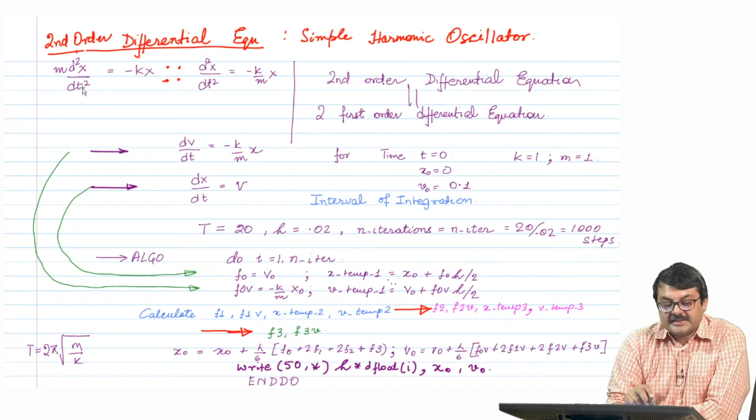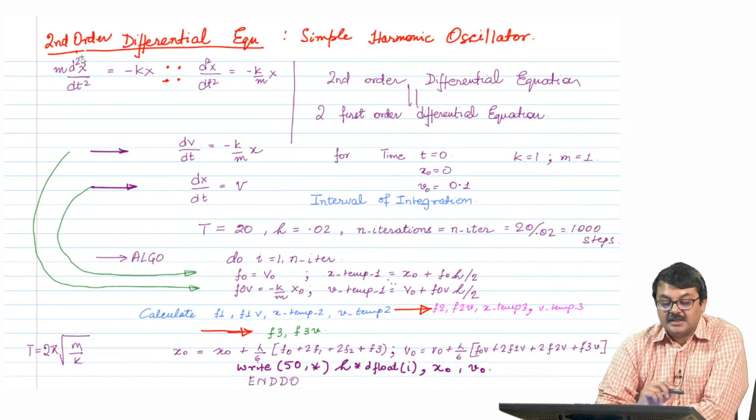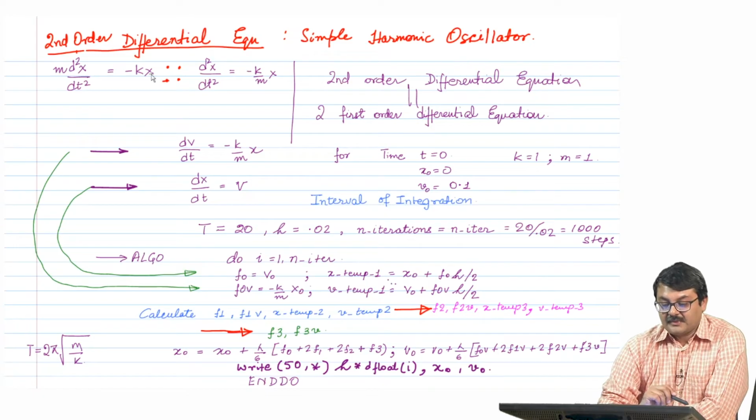Now, m d2x/dt2, there is a double derivative of x with respect to t, that is why it is a second order differential equation, and m is mass and that is equal to minus kx, k being the spring constant, right.